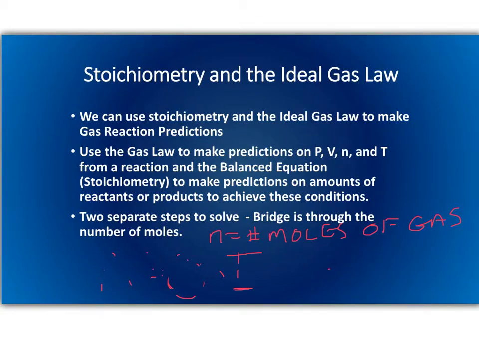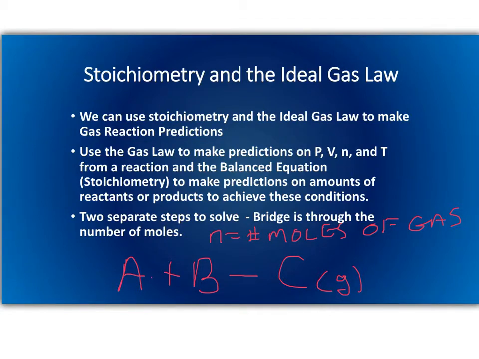All right, let's erase this real quick. Okay, now that we know the number of moles, let's look at a simple equation where we have A plus B, and maybe that gives us C gas.